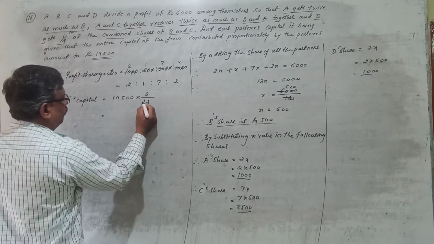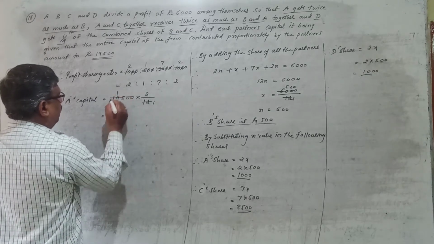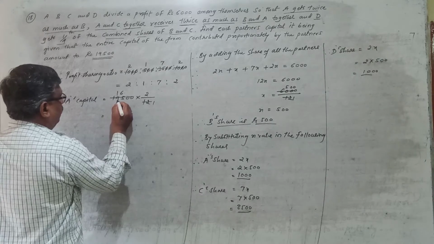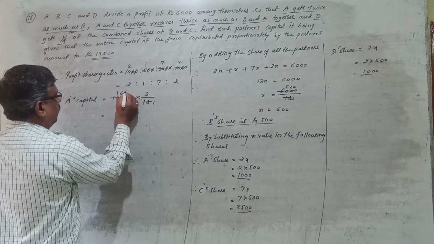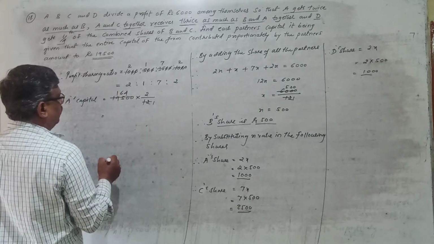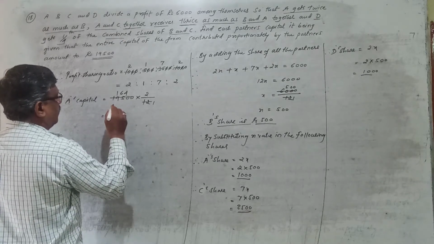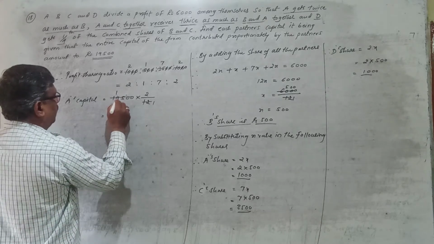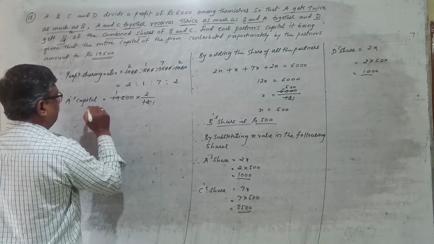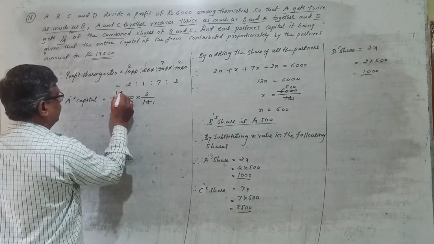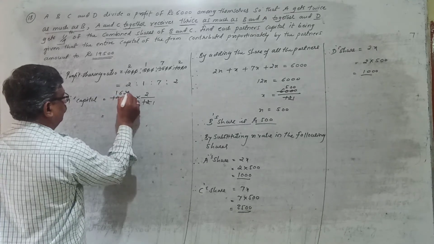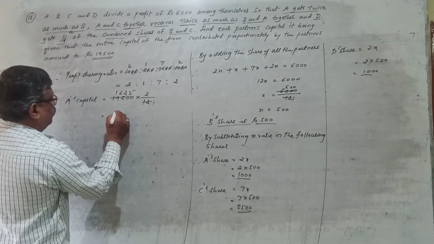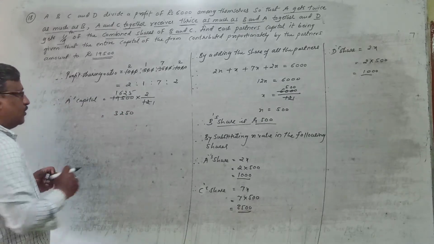So divide this, and it comes to 1,625. 1,625 multiplied by this 2 gives you 3,250. So this is A's capital.